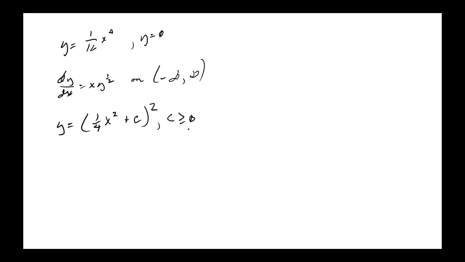Okay. Now, when this c here is actually equal to 0, then this will be 1/16 x to the 4th. And that's exactly the solution we've got there. Okay? But notice that the trivial solution, y is equal to 0, there's no c you can put in there that's going to make that a solution.